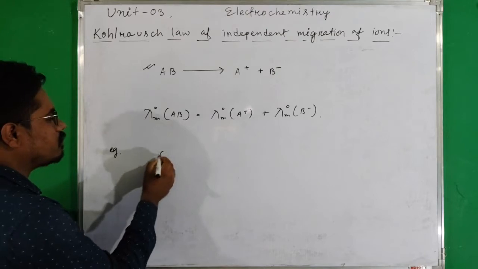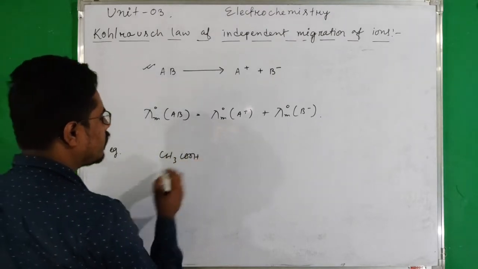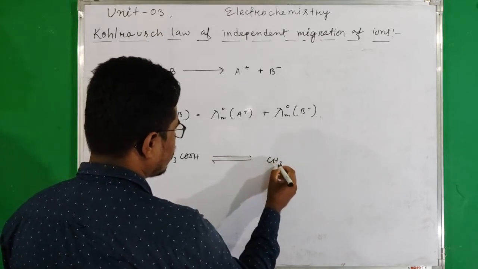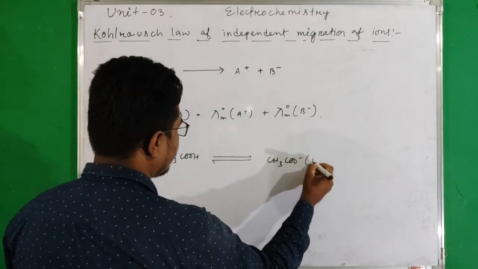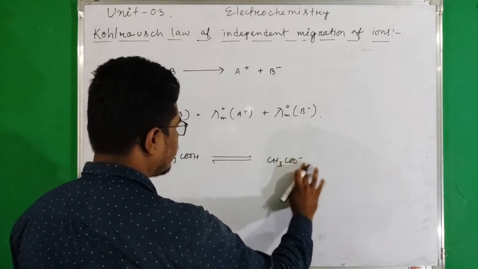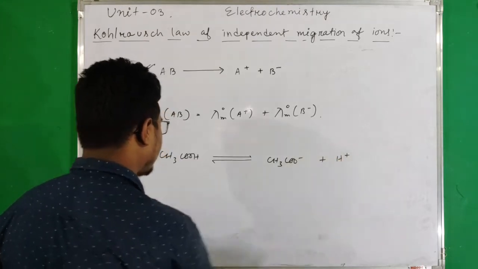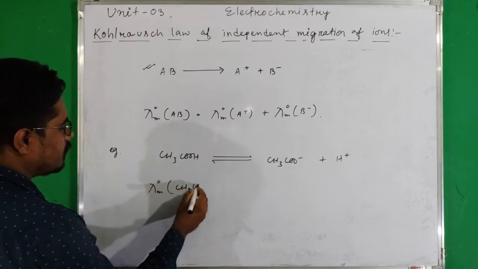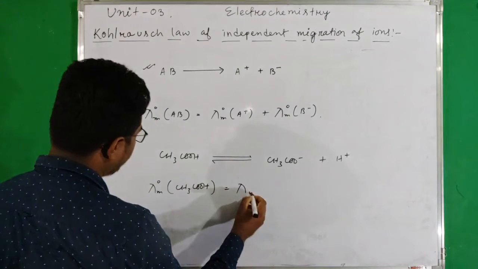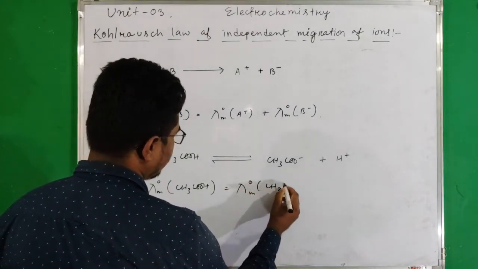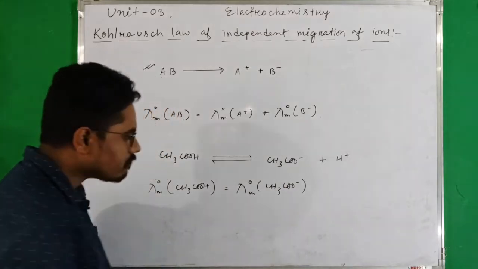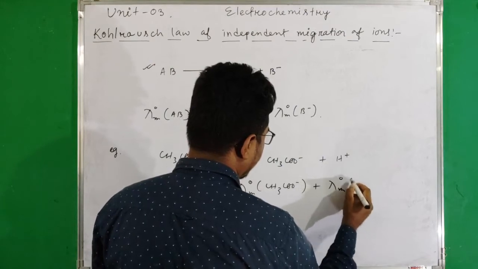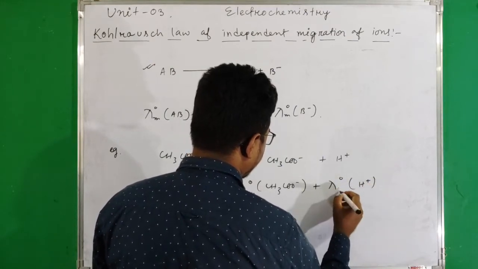For example, suppose we have the weak electrolyte acetic acid. When acetic acid dissociates, it gives acetate ion and H positive ion. Then according to Kohlrausch's law, the limiting molar conductivity of acetic acid is equal to the sum of the limiting molar conductivity of the acetate ion and that of the H positive ion.